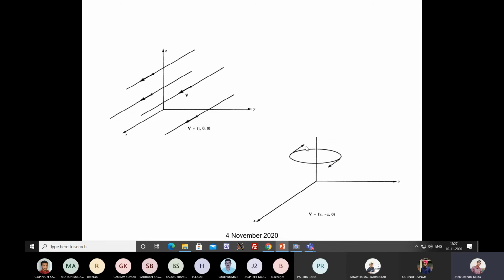Here they are showing different vector fields from which you can get some integral curves. This is a problem that we did earlier, only the difference is that earlier the vector was twice this vector.